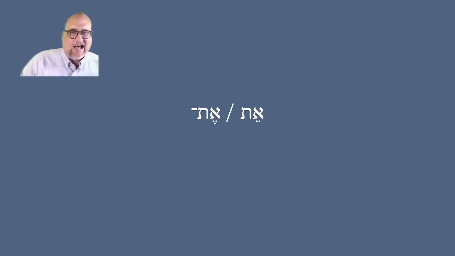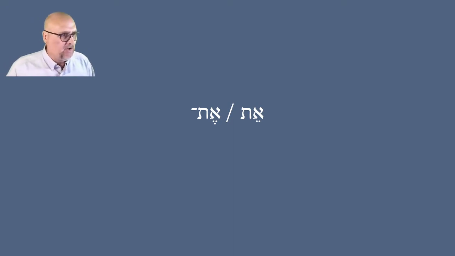All right, et is the definite direct object marker. Now, part of learning a foreign language is learning English, all right?